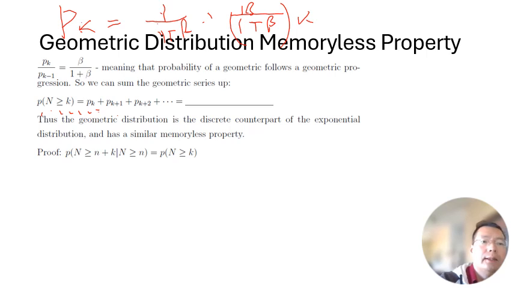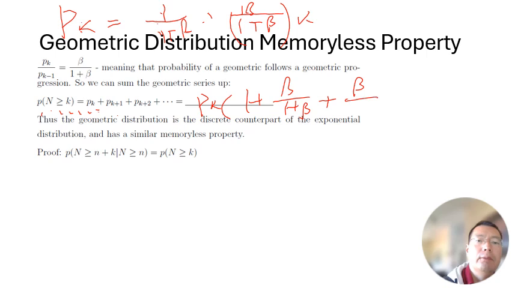And we can see that between p_k and p_k minus 1 is just a factor of beta over 1 plus beta. So if we remember this, the first one is p_k, the next one is p_k times beta over 1 plus beta, and the next one will be p_k times beta over 1 plus beta squared, and so on and so forth.